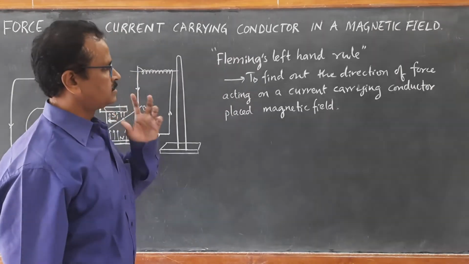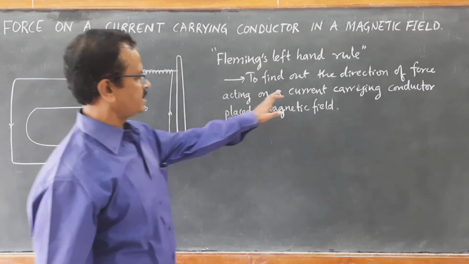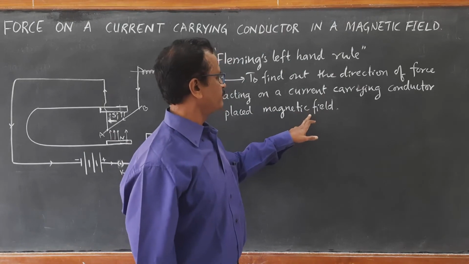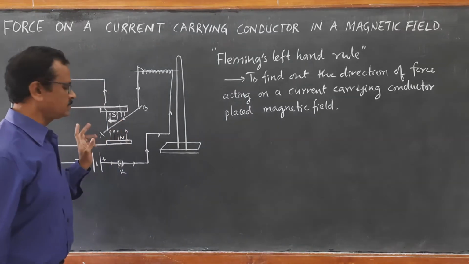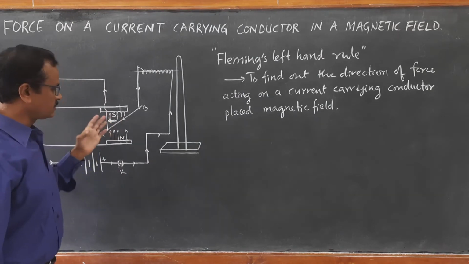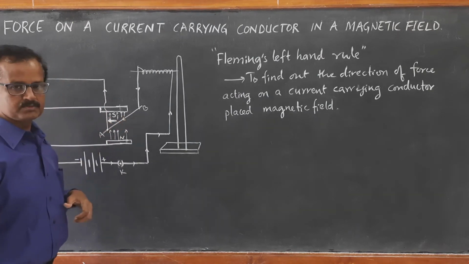So three things are there: one is current, second is magnetic field, the third is deflection of the conductor due to the force experienced by the conductor.